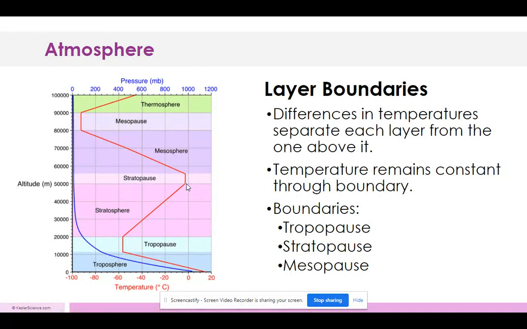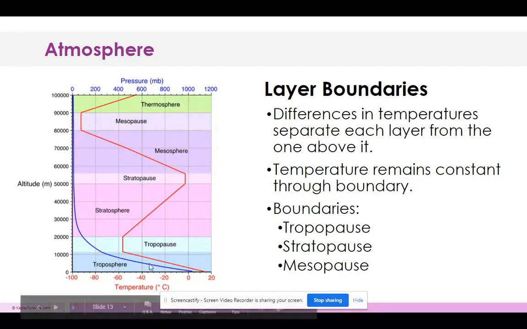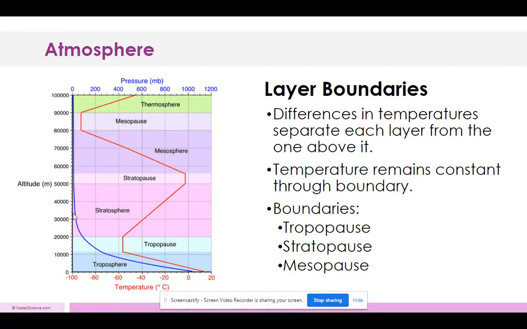It's getting warmer. It's going from -5 to negative, I don't know, 90. It's getting really cold, right? So you need to be able to tell me which ones are staying constant, staying the same temperature, which ones are getting hotter, and which ones are getting colder.